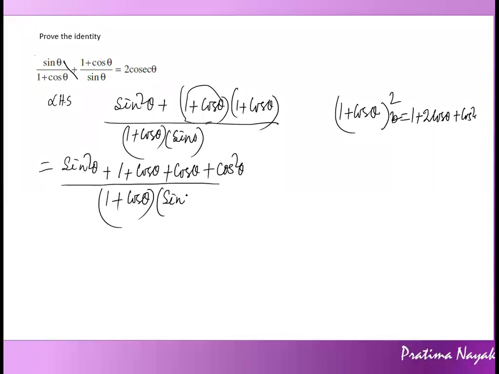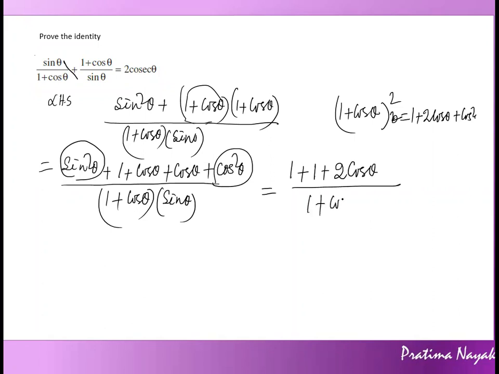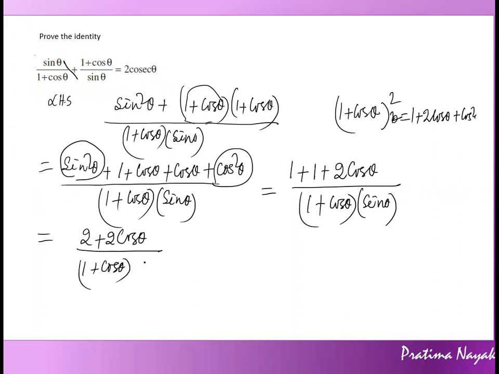In the next step, I'll combine these two to get 1. So 1 plus 2 cos theta by 1 plus cos theta into sin theta. Try to check the question in the textbook which is similar to this, then only you will be very good in solving identities.